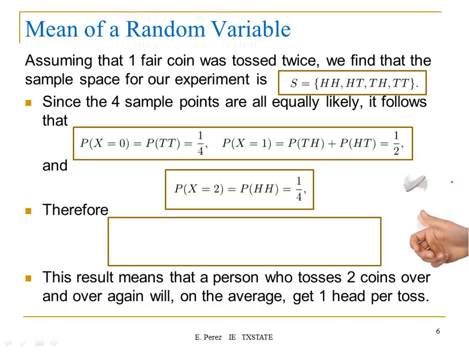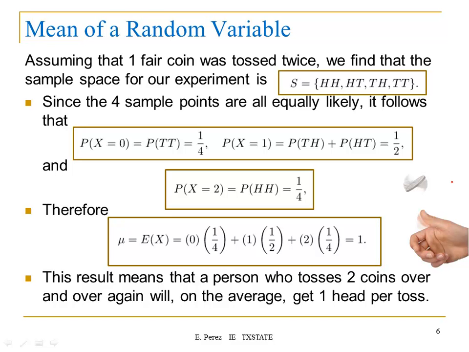We also have the probability of x equals 2 is going to be 1/4. Each outcome from your sample space has a probability of 1/4, or 0.25. When you add those 4 outcomes, you get the total probability, which is 1. Therefore, you can get the mean of the random variable, or the expected value, by taking the outcome times the probability, plus the outcome times the probability, plus the outcome times the probability.